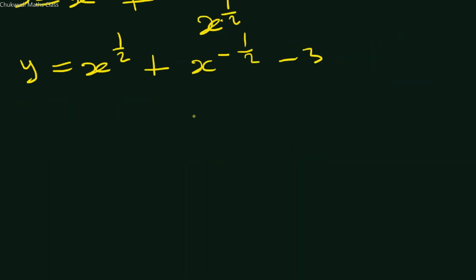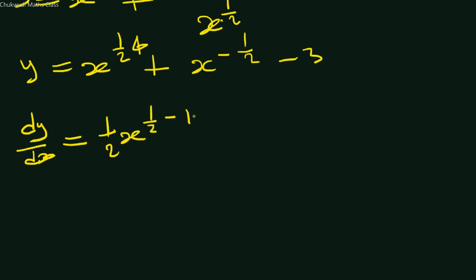Then at this point, when we have converted the radicals into exponential form, we can now differentiate. So we have dy/dx, which is what we are looking for, is equal to this 1 over 2 as the exponent we have here. You should bring it behind the x: 1 over 2, x raised to the power 1 over 2, and you minus 1. That's how to differentiate.